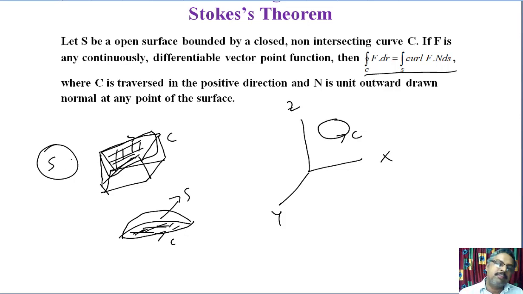This is an open surface bounded by closed curve C. Suppose you take a rectangle, this is also an open surface bounded by some closed curve C. So first of all, S must be an open surface bounded by a closed curve C.